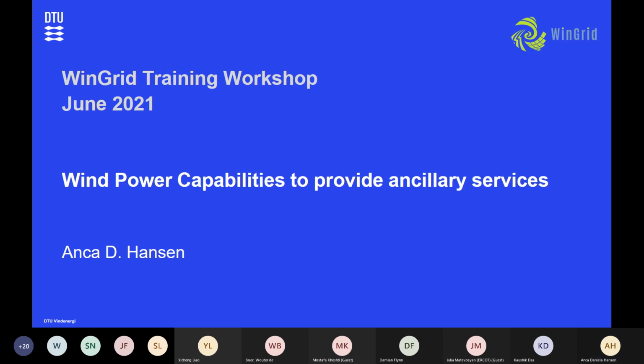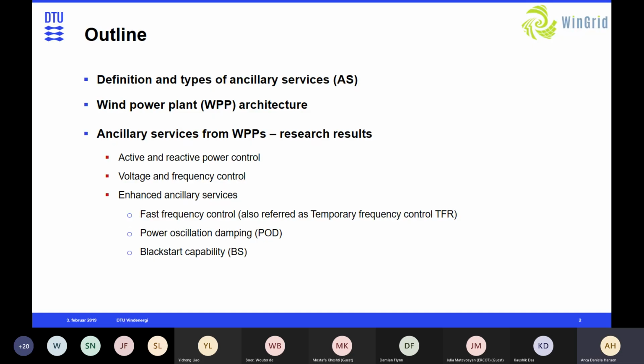So let me see. Yes, I will go quickly through the definition and types of ancillary services. Then I will talk a bit about typical wind power plant architecture. And then I will present our research results regarding ancillary services we have achieved through a lot of research projects during the years.